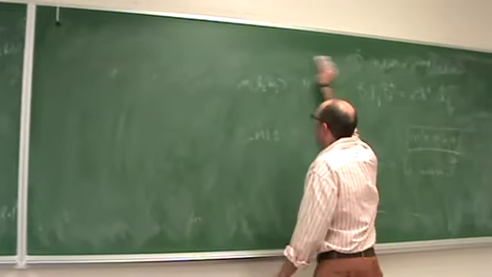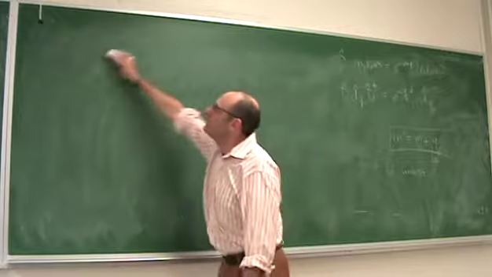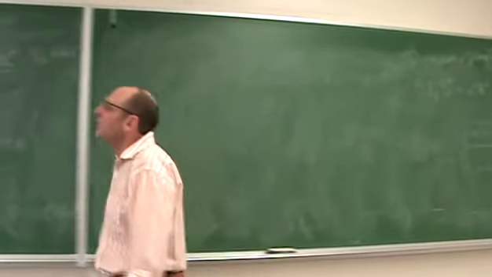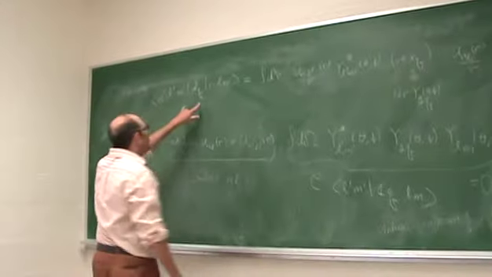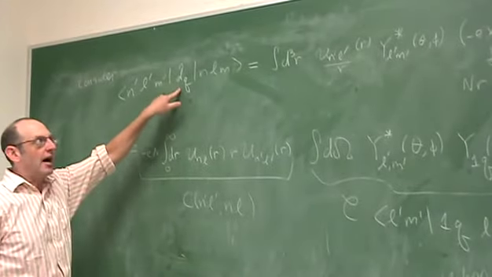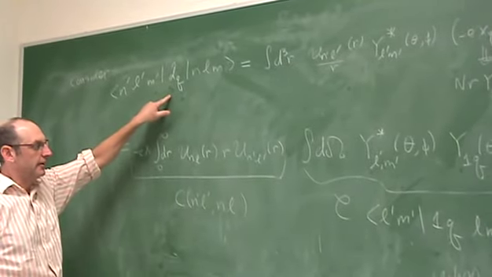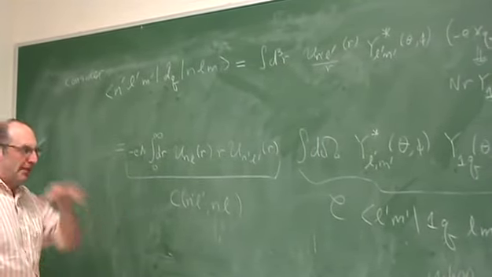This example can be generalized in an important and substantial way. Notice what we have here. The matrix element of this dipole operator, which was a rank 1 irreducible tensor, can be broken up into 2 pieces.